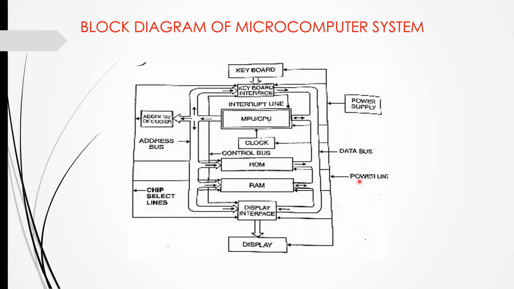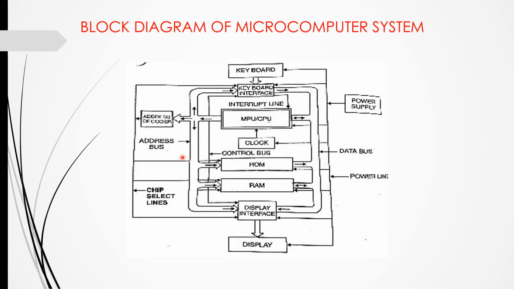Now here you can see few buses. Data bus, address bus, control bus. So what is data bus? It is 8-bit bidirectional data bus used to transfer data among microprocessor unit and devices. This is address bus.